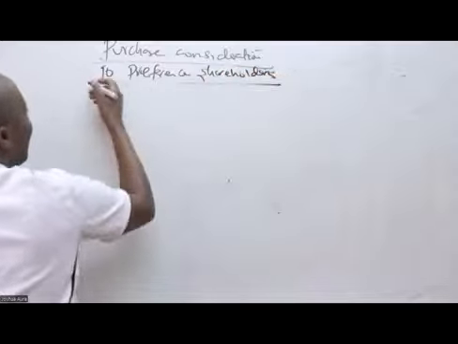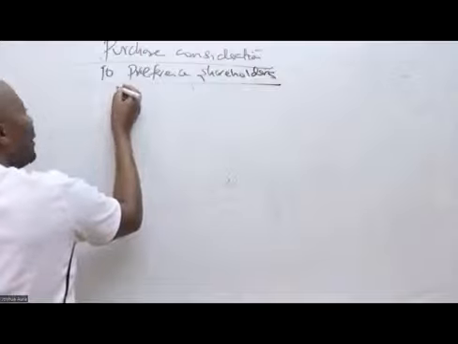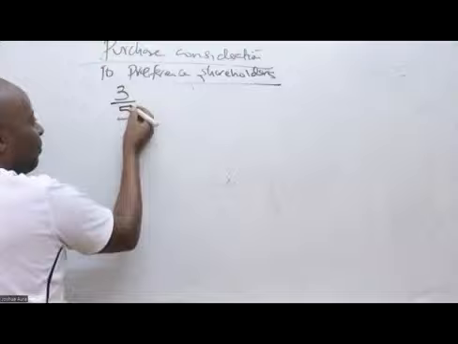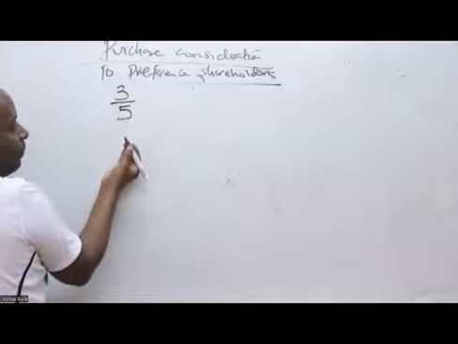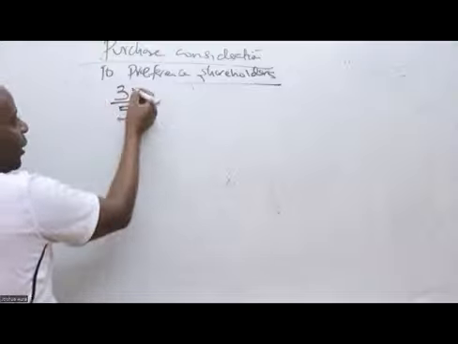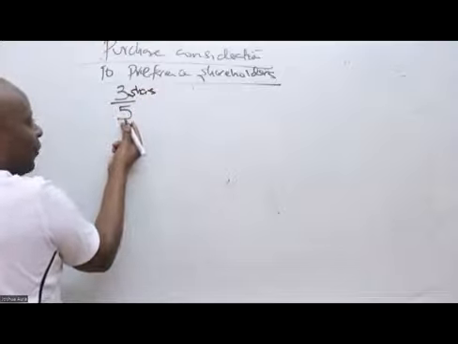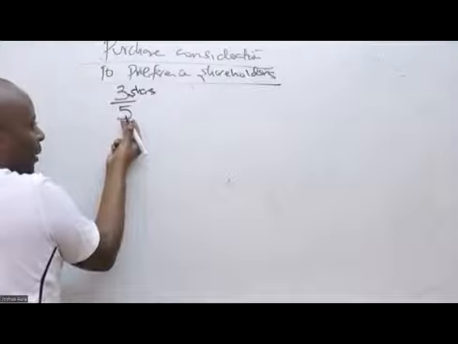You underline, and then you say Zawadi is giving them 3 ordinary shares for every 5 preference shares that they have at the moment.